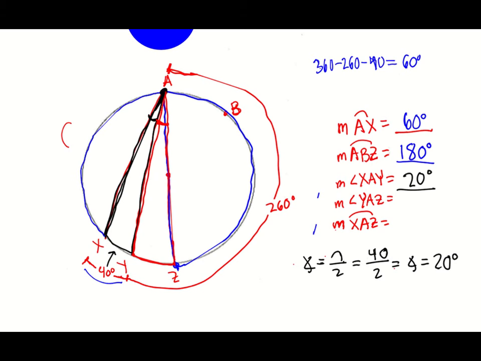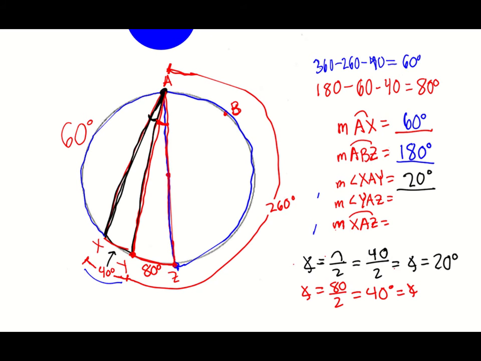Well, if we know that this arc over here is 60, we already found that piece, and this one is 40, our 60 plus our 40 plus our YZ here is all going to add up to 180. So if we have 180 and take away that 60 and take away that 40, we're left with 80 degrees. So if our arc is 80 degrees, we can plug in our formula, and we get our angle is 40 degrees.